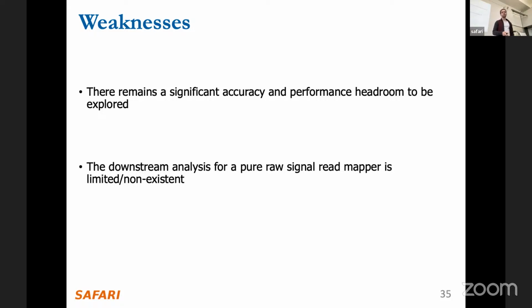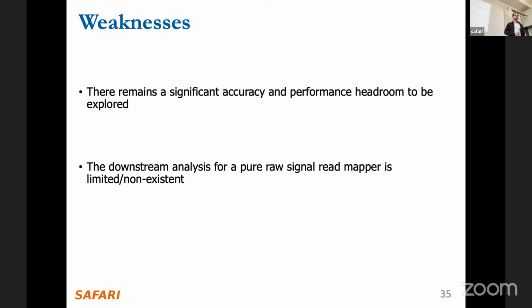But when we do traditional base called read mapping, usually what we actually want to do is later decide, does a patient have perhaps an increased risk of cancer? Or, I don't know, we want to perhaps understand if they have any genetic diseases. Those downstream analysis tools that run after read mapping are for now at least missing for raw signal mappers.